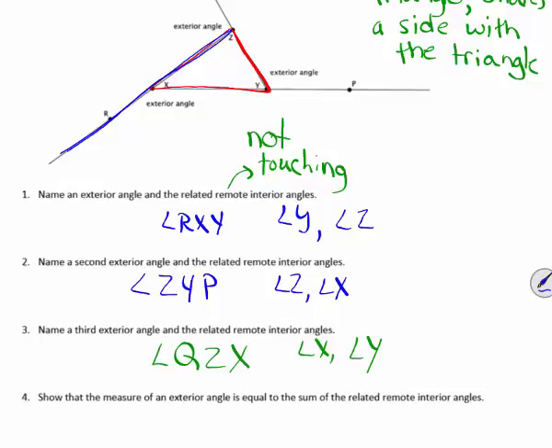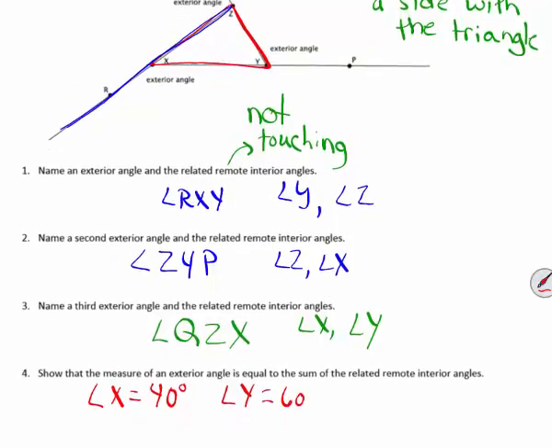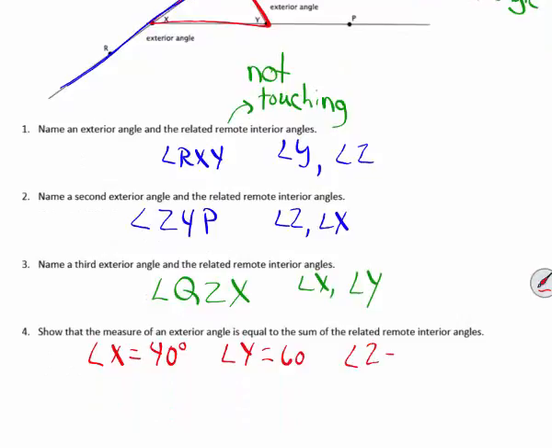These are totally pretend. I'm making them up as I go. I'm going to pretend that angle X is 40 degrees. I'm going to pretend that angle Y is 60 degrees. And I'm going to pretend that angle Z is 80 degrees. If I add those up, that would have to be 180 degrees. Okay, pretend, made these up.